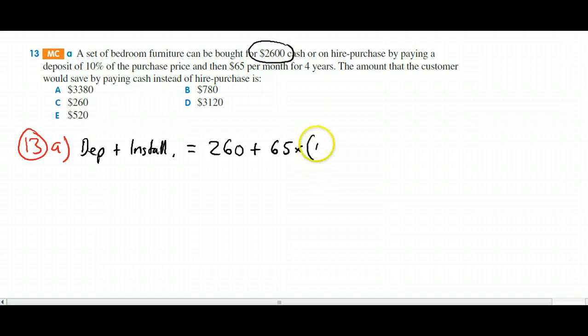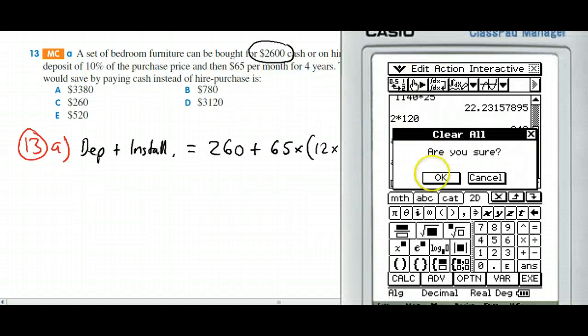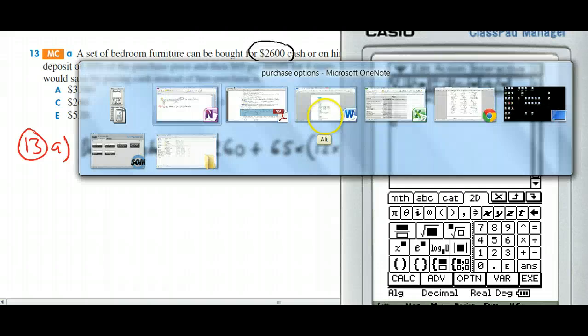That's 12 times a year for 4 years. Okay, let's put that into a calculator. So we've got 260 plus 65 times 12 times 4. So when we put all of that in, we get 3,380.